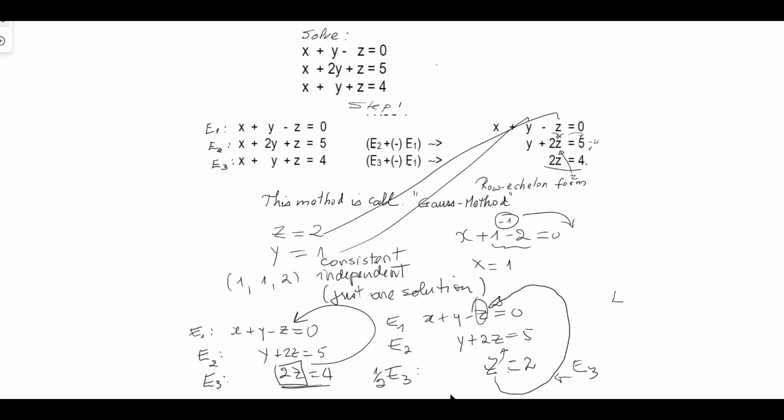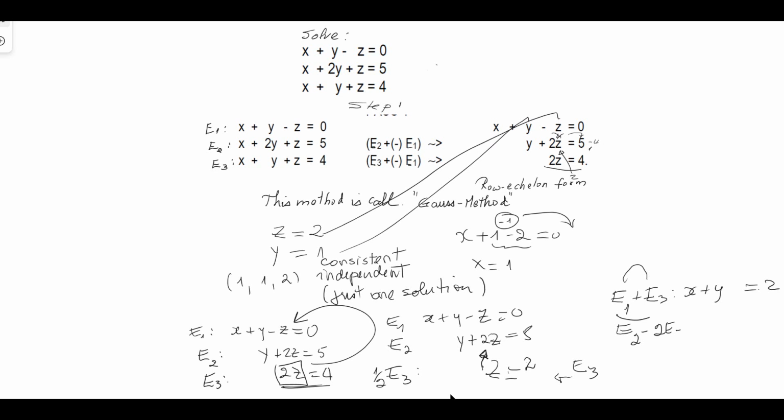Just the first plus the third gives x plus y, adding equation 1 plus 3, with c equal 2. From this, get a 0 here with this operation: equation 2 minus 2 times equation 3, and you get this 0 in this column.